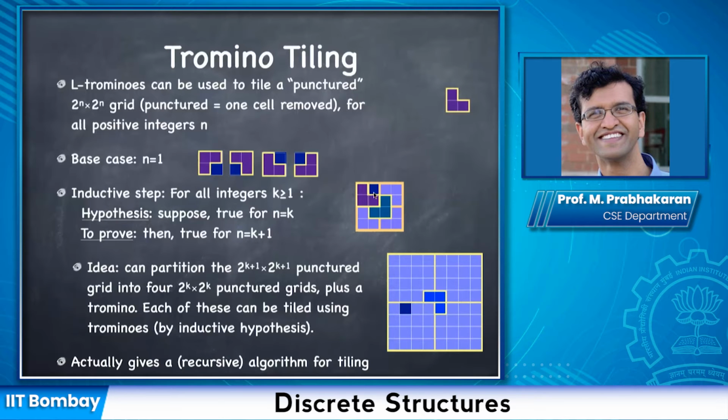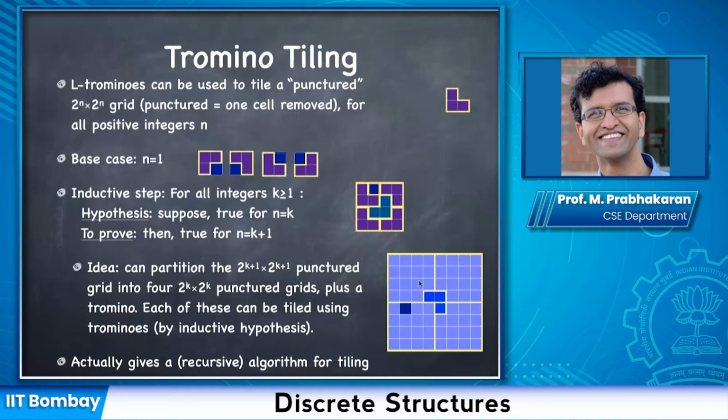So this one looked like this, so the tile would look like that, right? And this one here looks like the punctured grid here, so I'll have to put a tile there, and so forth. So I tiled the 2 by 2 grids by looking at the solution. This is the base case, right?